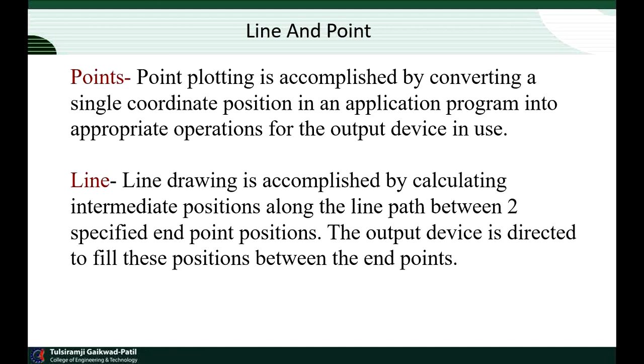They will be considered as input by the display processor, and according to the screen resolution of the display devices, the display processor will send it to the display device, and accordingly the display device will draw the intermediate points between the two endpoints, and it will consider only those points which are properly or clearly visible between the two endpoints. So this is all about line and point drawing on the screen.